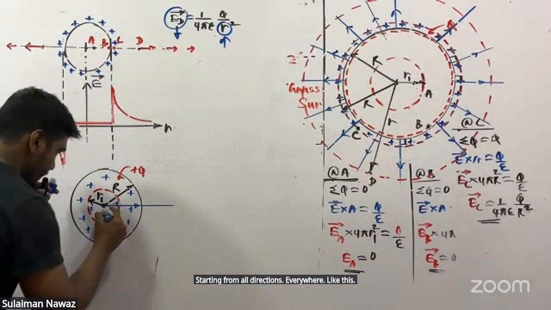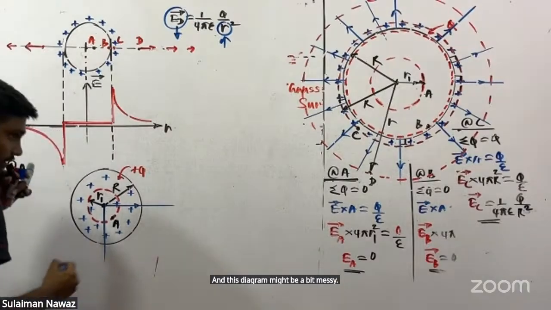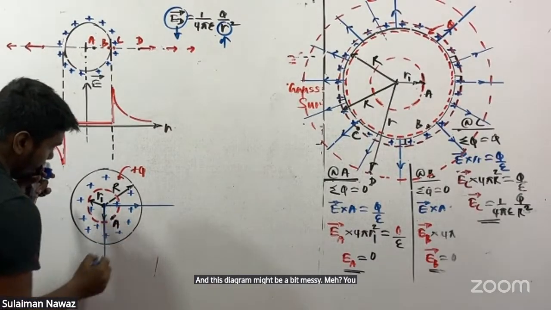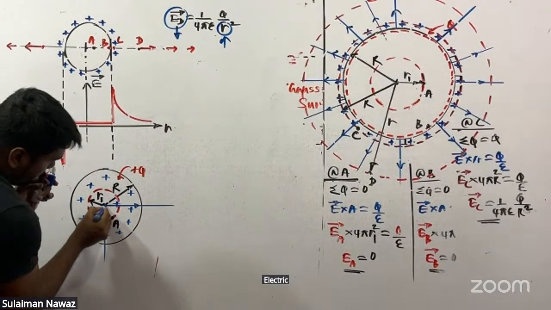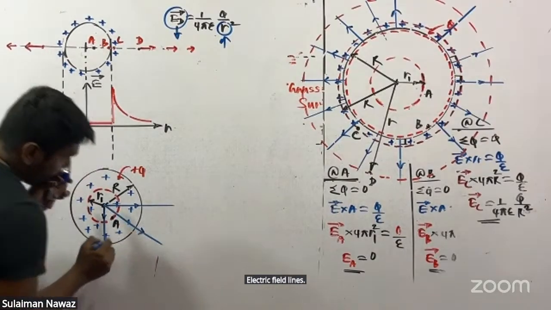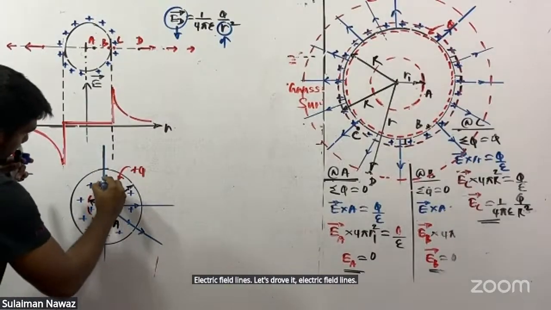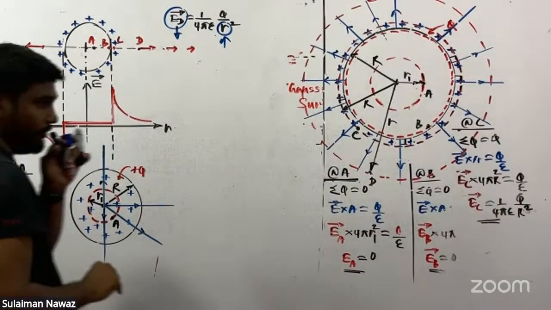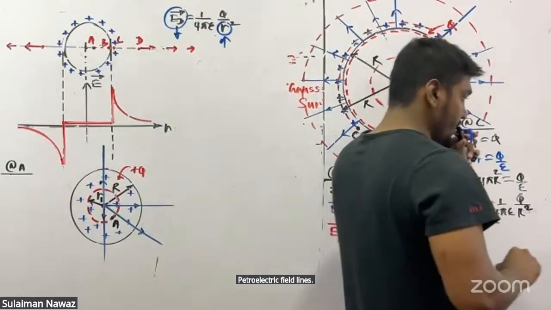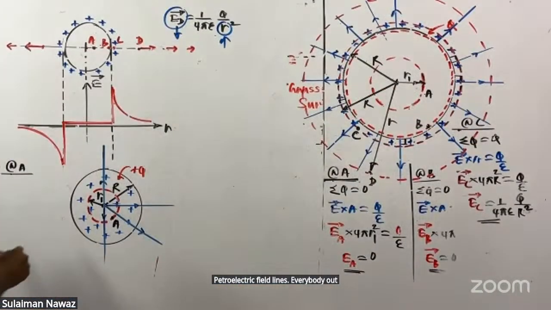This diagram might be a bit messy, so you guys nicely draw the electric field lines everywhere. Shall I zoom in?